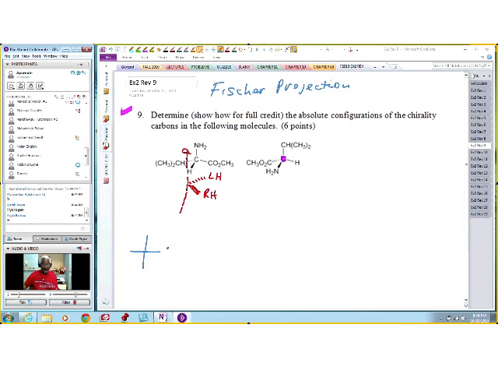Okay, hydrogen. Very good. Hydrogen is on my right. So therefore, the isopropyl group is on my left. That means that this group here, the NH2 group, is above my chest, and this group here is below my chest.